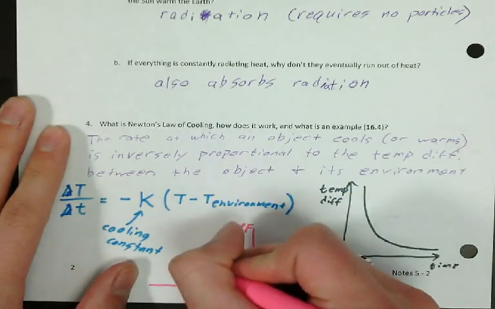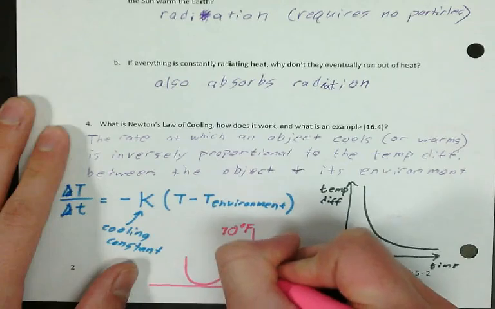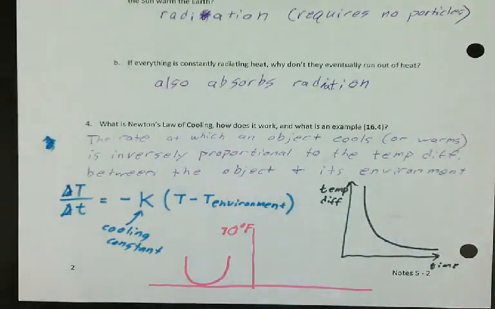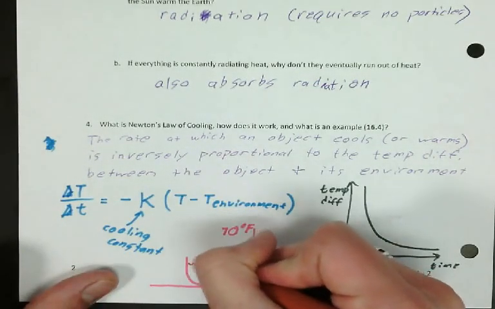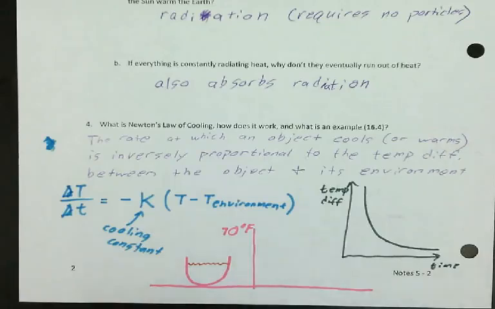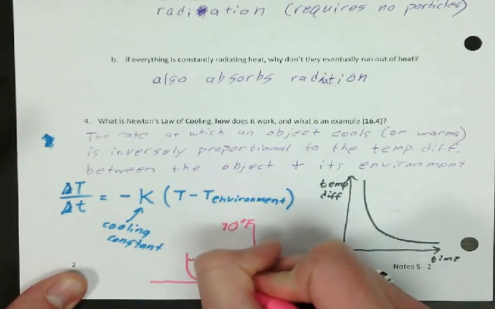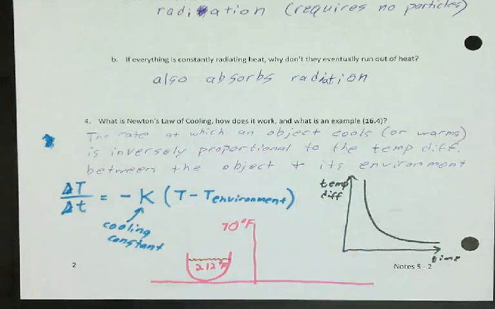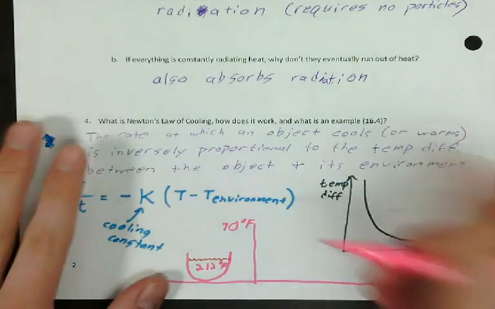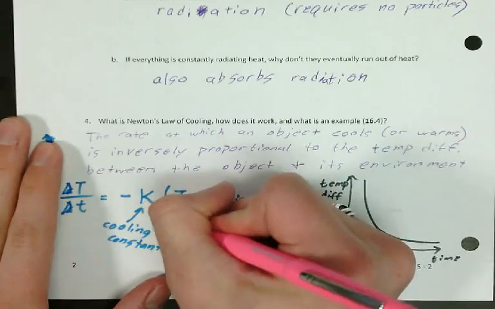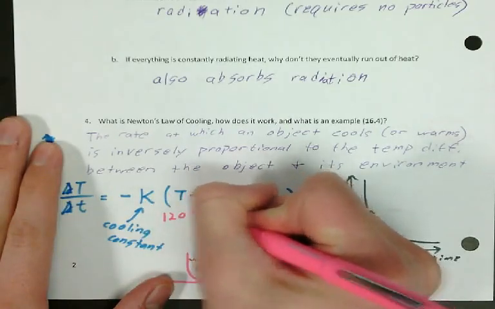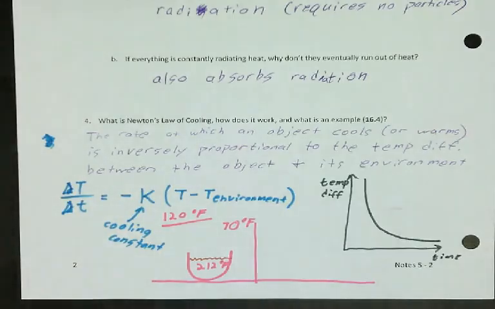And you've got your cup of coffee, and your cup of coffee is boiling, 212 degrees Fahrenheit, okay? And you want to cool it off so that you can drink it. So you want to get it to, let's say, 120 degrees Fahrenheit. That's the temperature you want to reach. Okay? You want to get to 120.